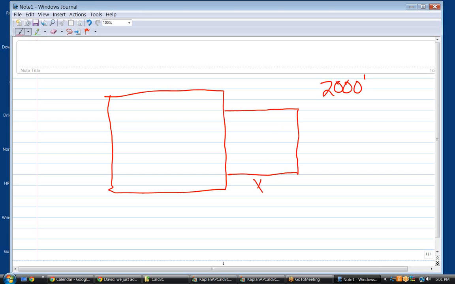What should the dimensions of x and y be so that he maximizes the area of that corral?